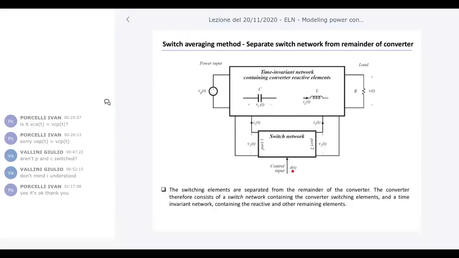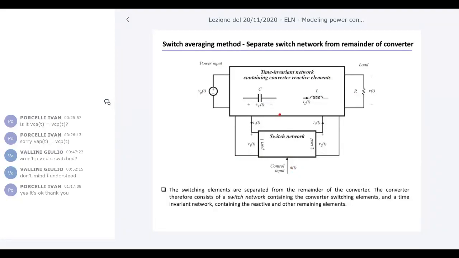Any kind of converter has inside a specific switch network made of active and passive switches that make its behavior time variant.